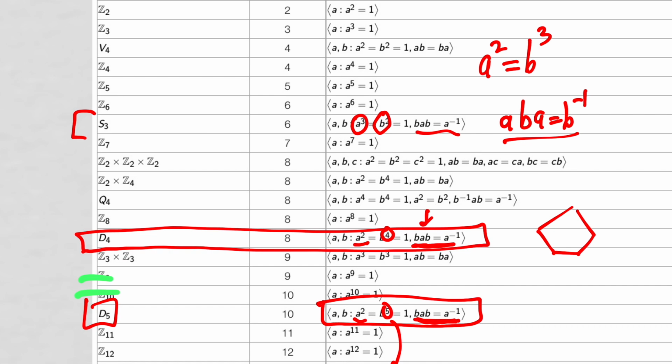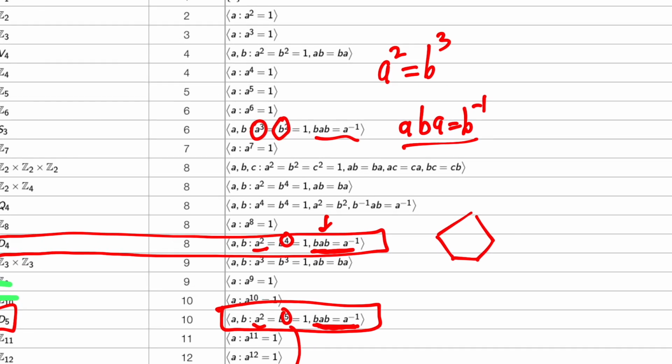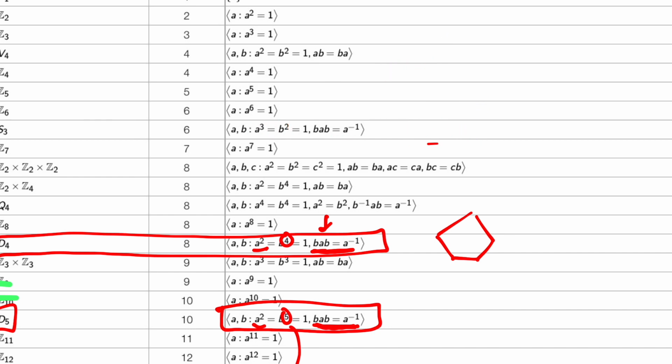So S3, on its surface, has a different relation. It doesn't have the same relation. So let's forget this idea of switching these out. Let's use this as presented here, but take note that BAB equals A inverse.